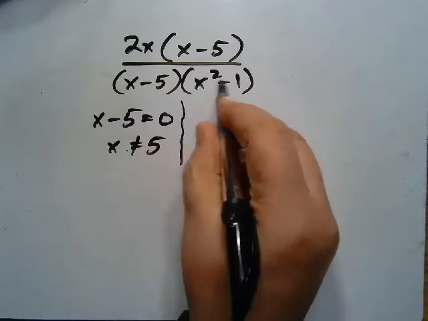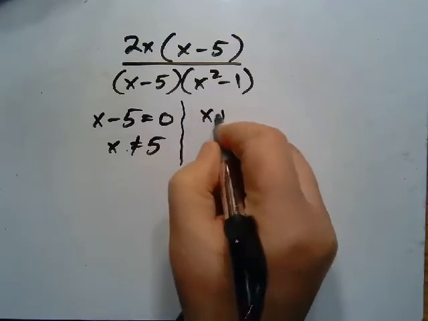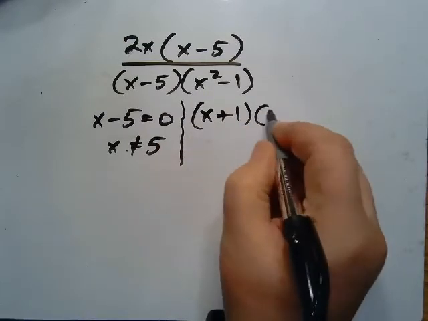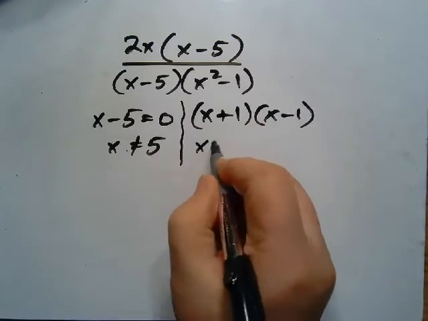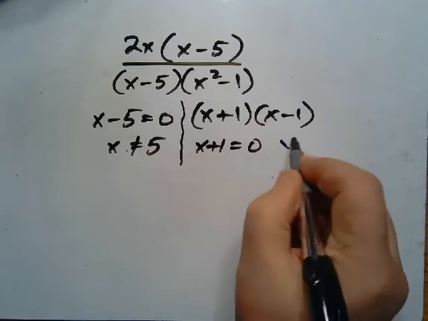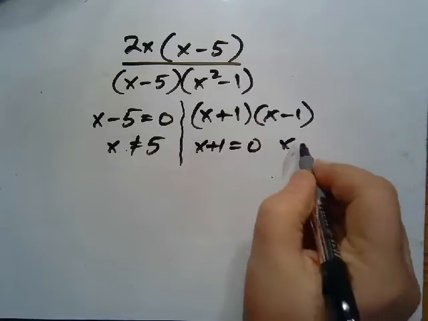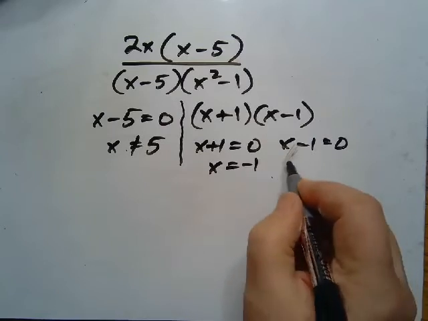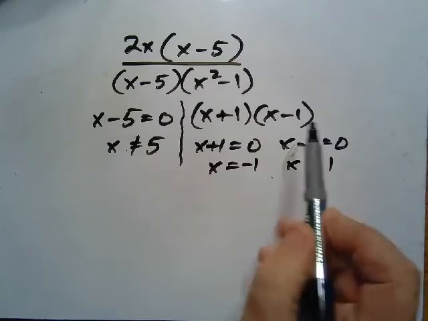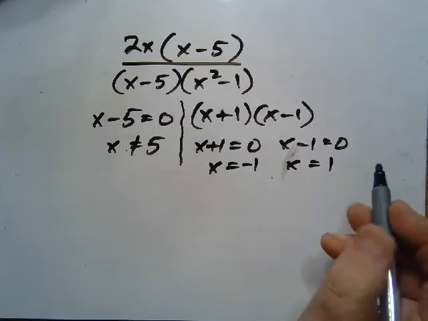Over here, I might have to factor this first. You recognize that's the difference of squares. It factors to x plus 1 and x minus 1. Then if I set each one of those equal to 0, I see that x equal to negative 1 and x equal to 1 would make that denominator 0 as well.